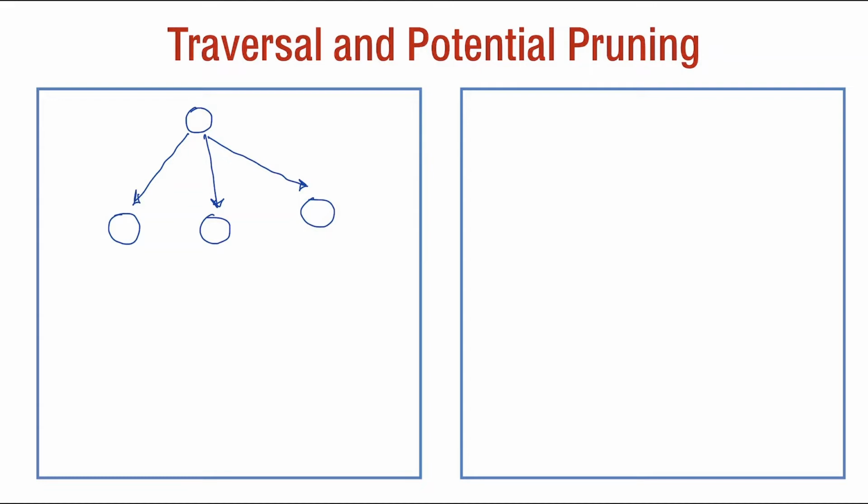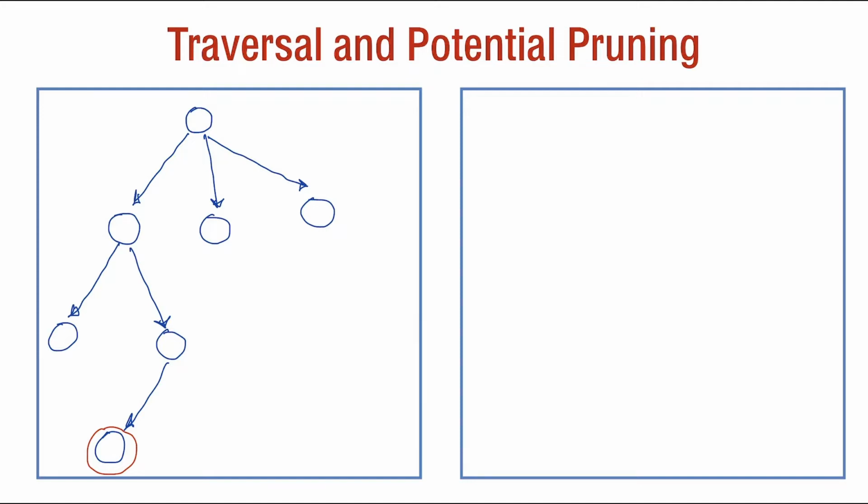In one it will be branching to multiple, in the other it will be branching to 2. And as we move ahead, at some point we reach a goal solution.